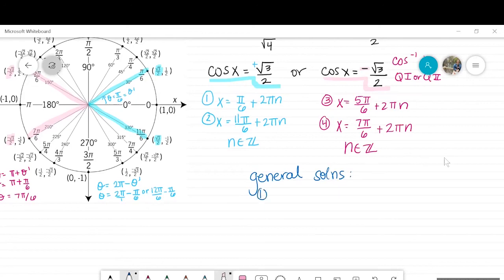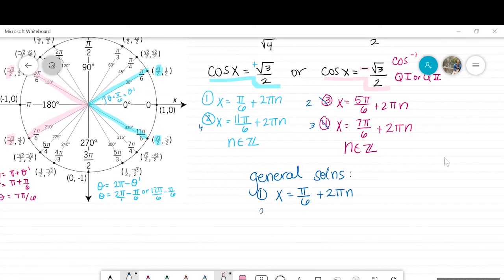So first up, x is equal to pi over 6 plus 2 pi n. I'm going to put them in order, so I'm going to call this 2, 3, and 4, just so I'm going around my unit circle.